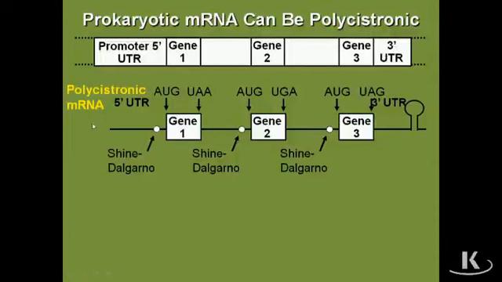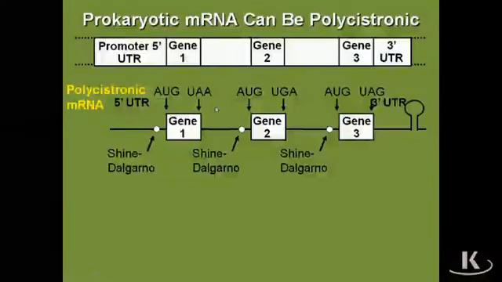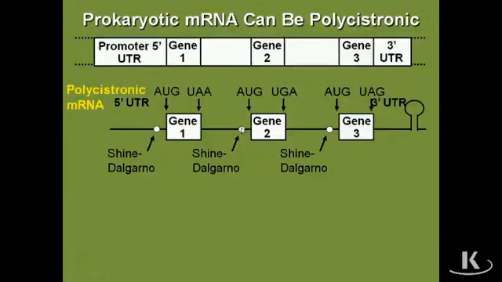But notice something. They're going to be individually translated. So the ribosome will bind to the Shine-Dalgarno sequence and translate this gene into a protein. And then the ribosome will have to dissociate. And then it'll have to reassociate, bind to this Shine-Dalgarno sequence, translate this particular gene from messenger RNA into protein. If it wants to do 3, it has to dissociate.